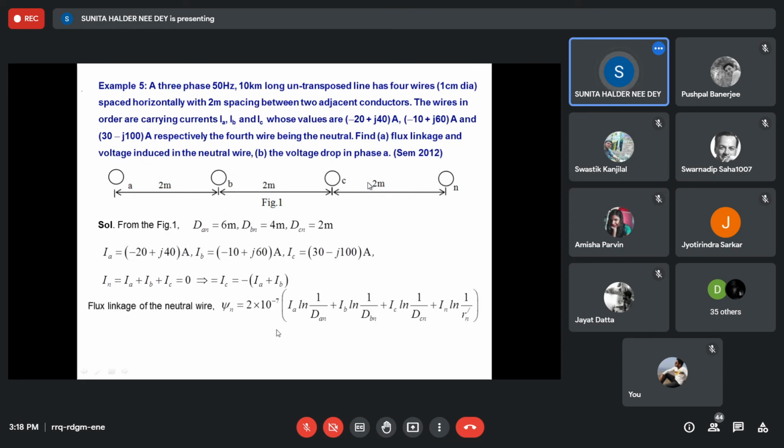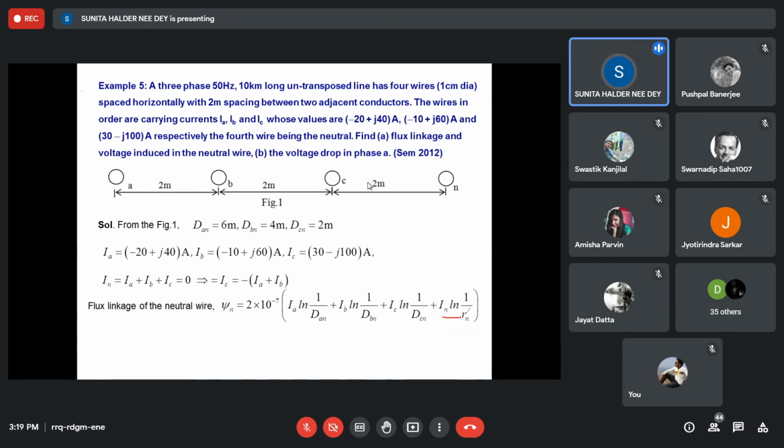Now you see, if we want to find out the flux linkage in conductor A, or in any conductor, we have to use this formula. Since the summation of current of all these three phases is 0, the neutral is not carrying any current.